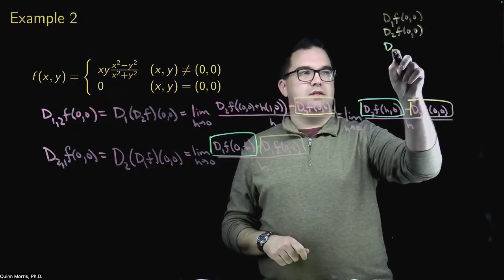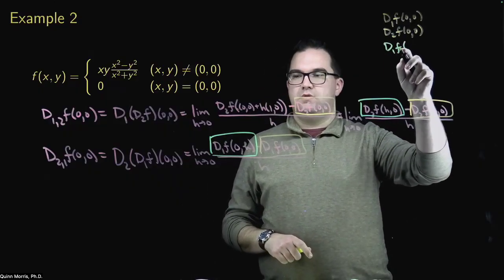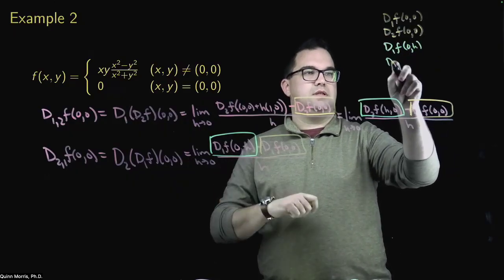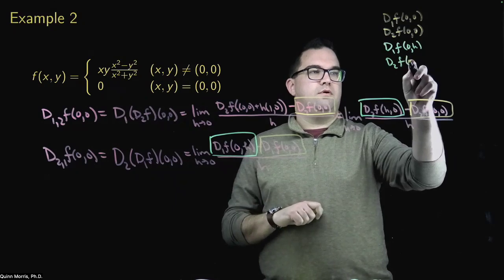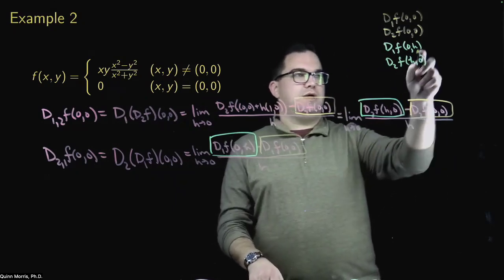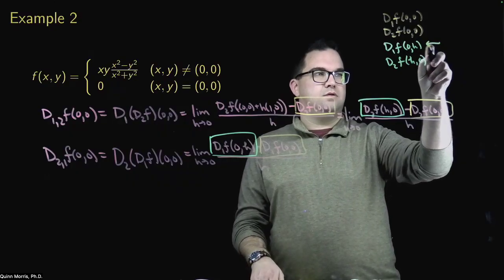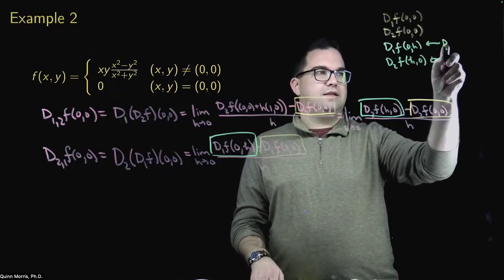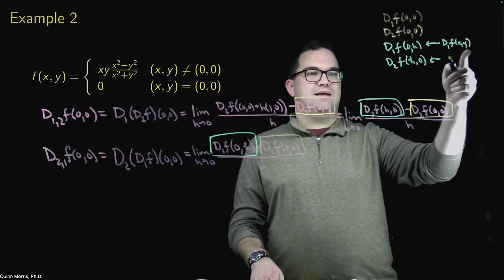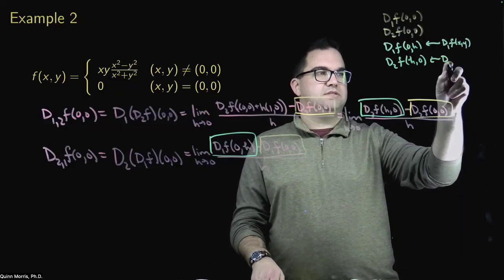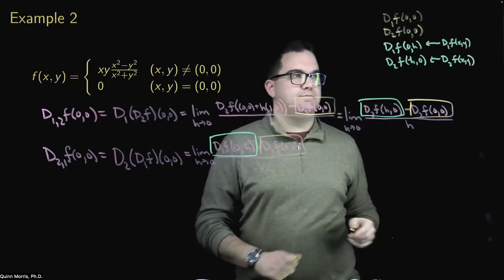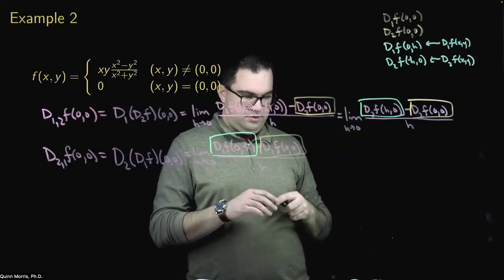So I'm going to need D1 f of (0, h), and I'm going to need D2 f of (h, 0). Actually, I'm going to find these by first just finding D1 f of (x, y) for a point that's not 0, 0. And similarly here, I'll first just find D2 f of (x, y). Once I have that, I'll be able to get this.